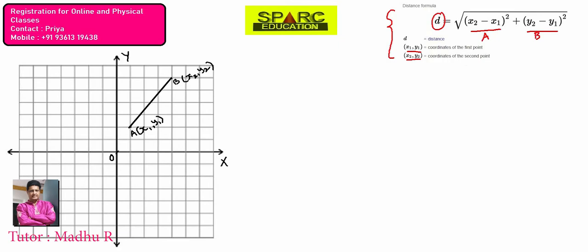I am also going to make a few constructions. From point A, I am going to draw a red line perpendicular to the x-axis, and from point B, I am going to draw another perpendicular line to the x-axis. Let me call these points M and N.